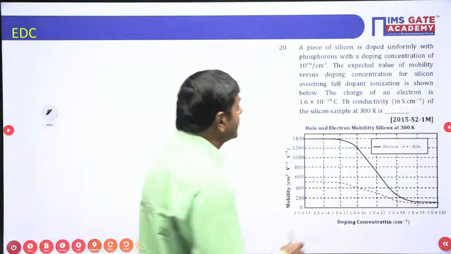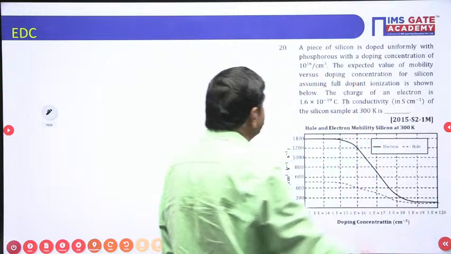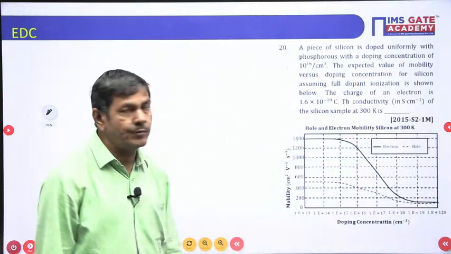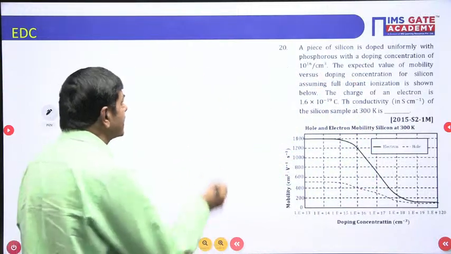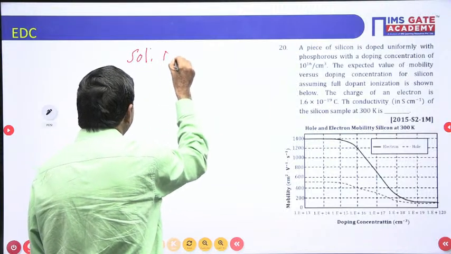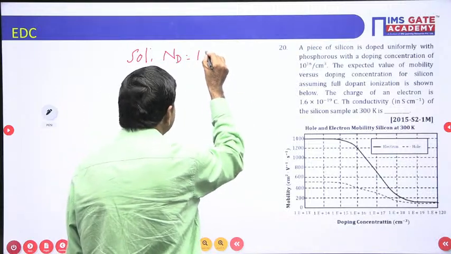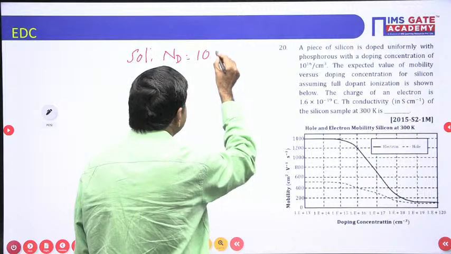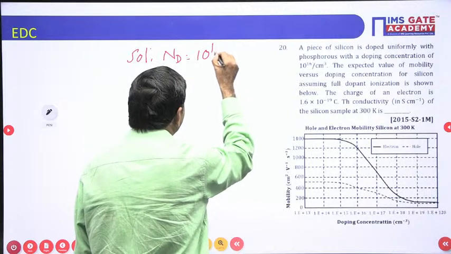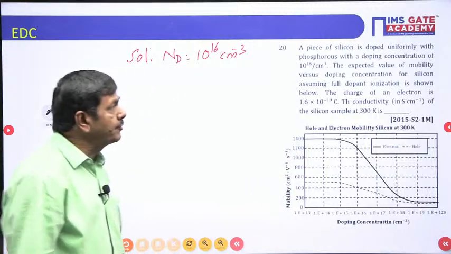A piece of silicon is doped uniformly with phosphorus with a doping concentration of 10 power 16 per cm cube. The donor concentration Nd is given in the problem: 10 power 16 per cm cube.